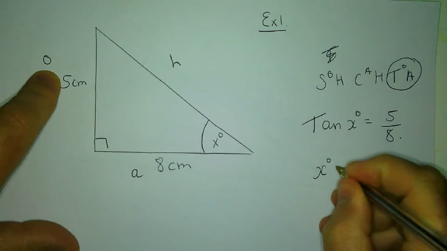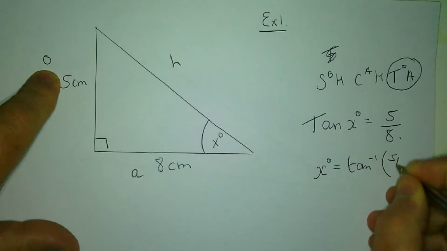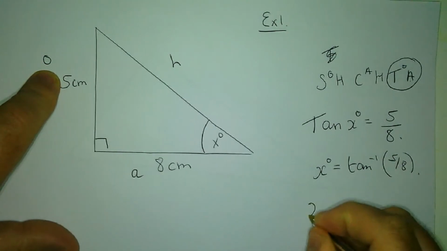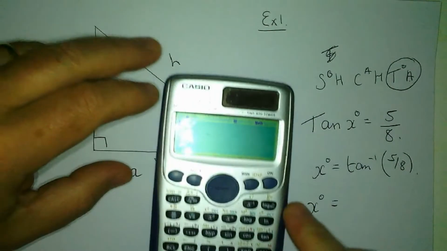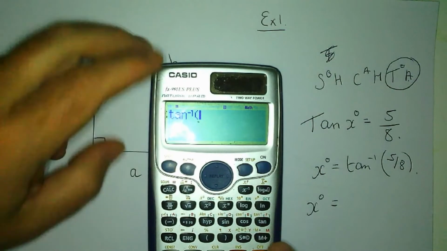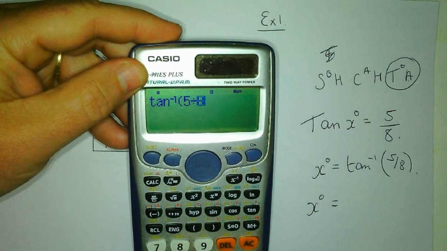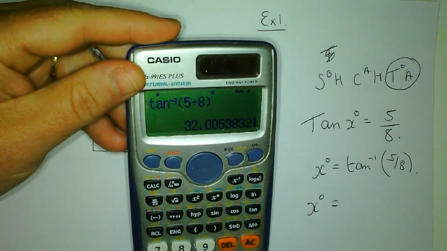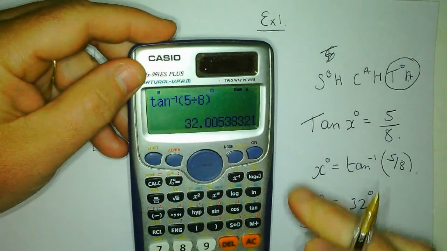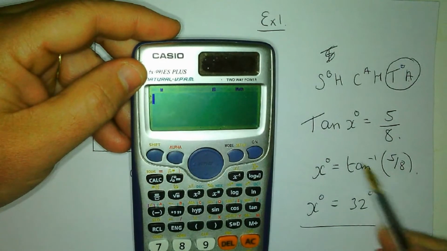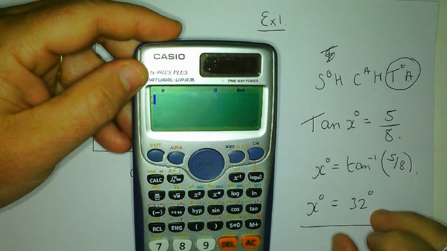So x degrees equals, get my calculator, shift, tan, so that's tan to the minus 1, 5 divided by 8, close the brackets, 32 degrees, give or take. If you get an error here, you've made a mistake.